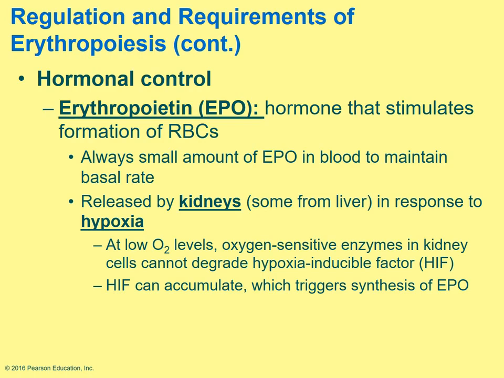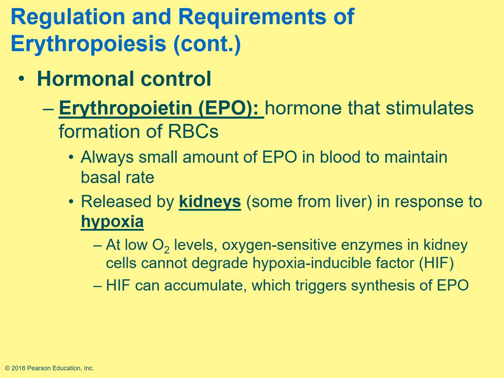The hormonal control, erythropoietin or EPO, is a hormone that helps stimulate the formation of the red blood cells. So you always have some of that hormone in the blood. So you always have a residual process or base rate, where you're always making some red blood cells. The question is, do you increase that greatly or not? This hormone is made, as you know, in the kidneys.